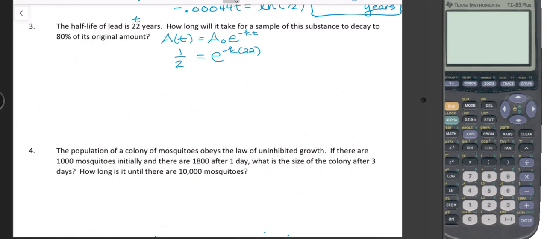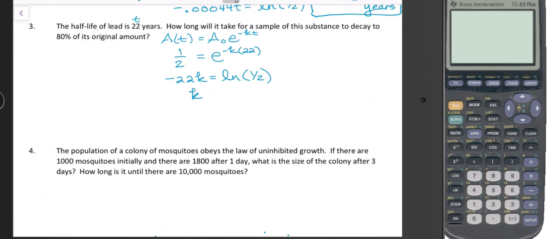So it's my exponent equals, and I'm just going to put my 22 in front of my k like we normally do when we write a coefficient with a variable. So I've got negative 22k is equal to my logarithm, so it's natural log. My argument is 1/2. So k is going to equal the natural log of 1/2 divided by negative 22.